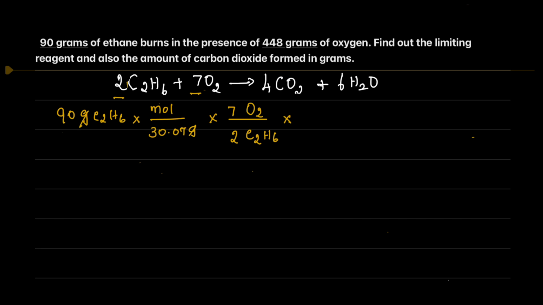Then we have to convert it into grams. Therefore, how many grams of oxygen make 1 mole of it? All of you know that it is 32 grams oxygen, and mole has to go to the bottom. Common terms are to be cancelled.